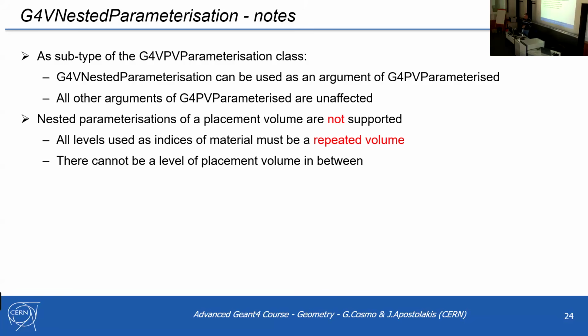There are some limitations here. For example, nested parameterizations of a placed volume are not allowed. So you are only allowed to do nested parameterizations if you have repeated volumes, like I was telling before, two levels of replicas, and then the parameterization. You cannot have in between the presence of placed volumes or other kinds of volumes that are not repeated.